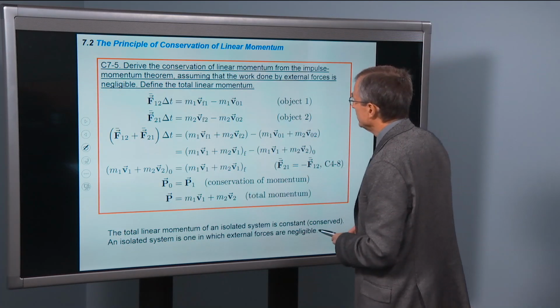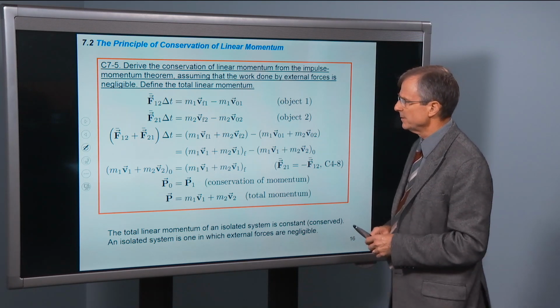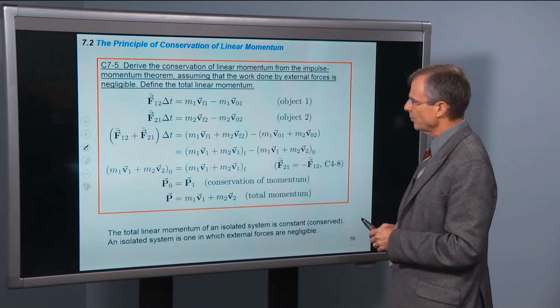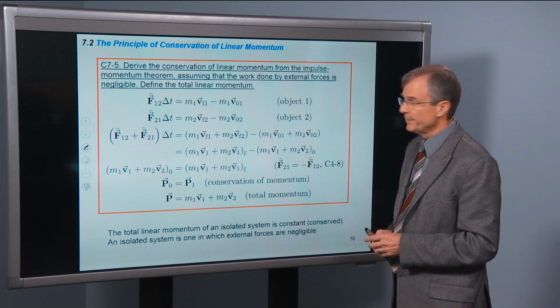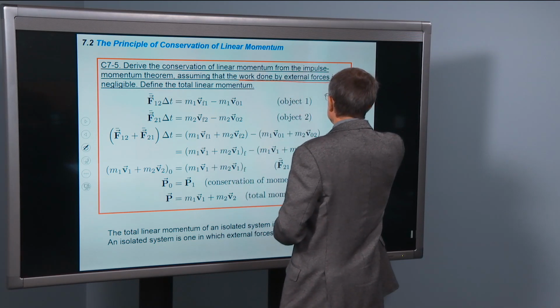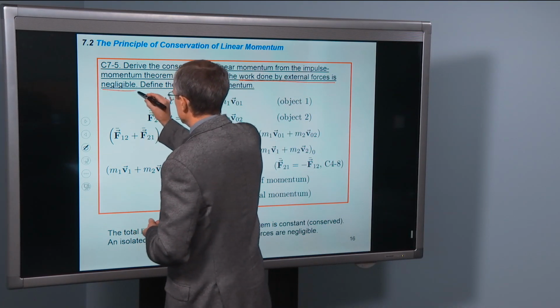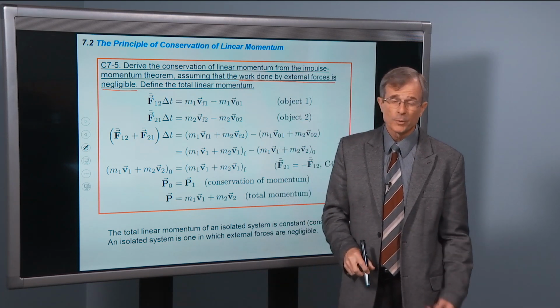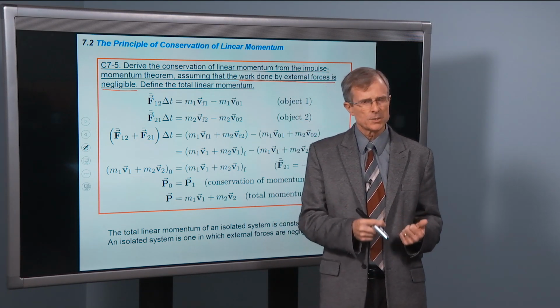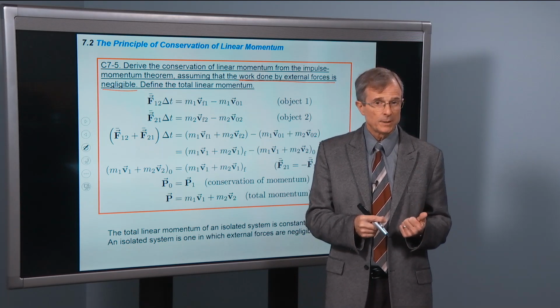Derive the conservation of linear momentum from the impulse momentum theorem, as promised, assuming that the work done by external forces is negligible. So this phrase, the work done by external forces is negligible, is one that I would like for you to commit to memory. It is a condition under which you get conservation of linear momentum.